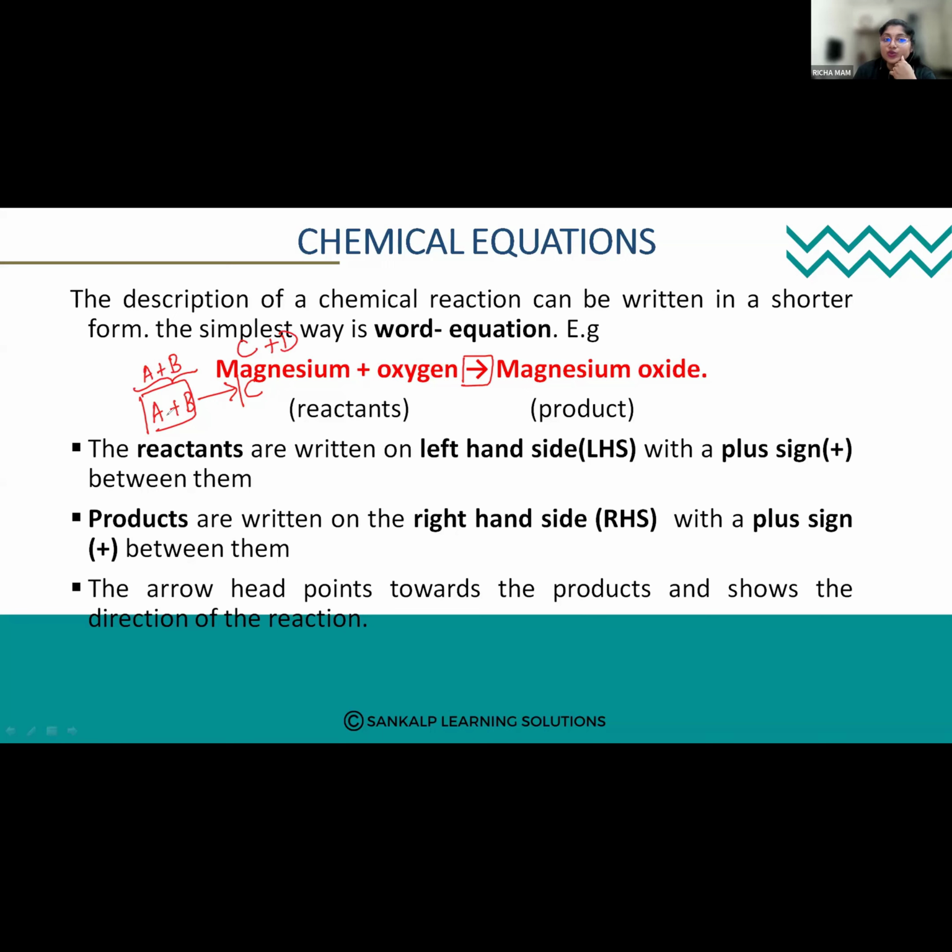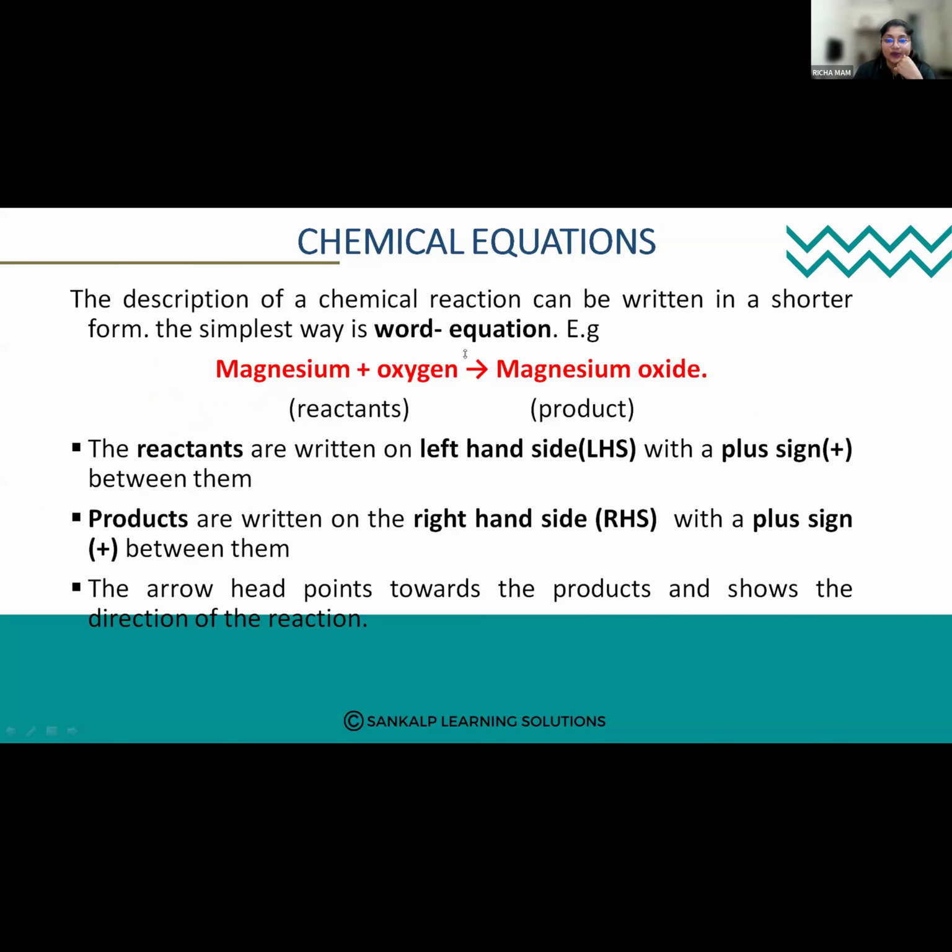Now when there are two reactants, how are we going to separate them? We are going to write a plus sign in between. So these are the reactants. Then the products are written on the right hand side. If you have two or more products, they are separated with a plus sign between them.